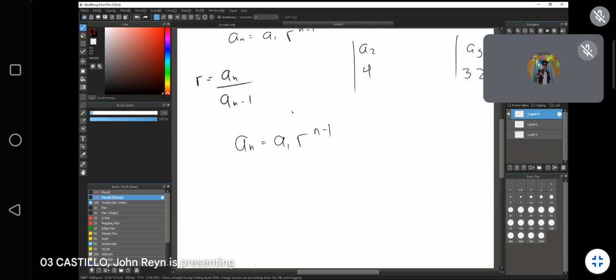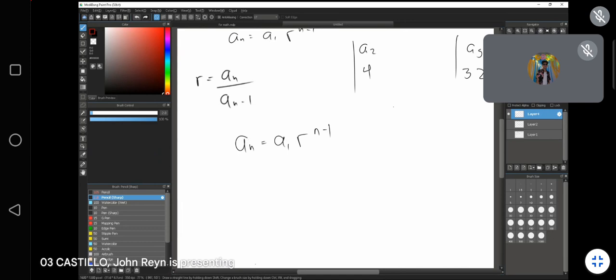Okay, sige. So again, we're going back. We have to find the common ratio. Since we don't have A1, we can't really use this. So we'll try to use the terms we have right now to solve for our common ratio.